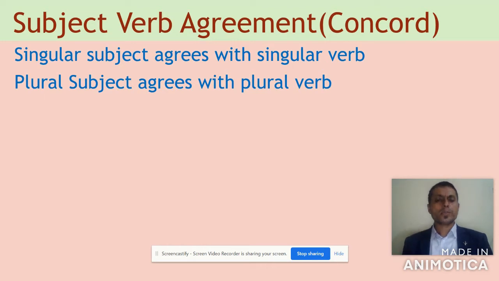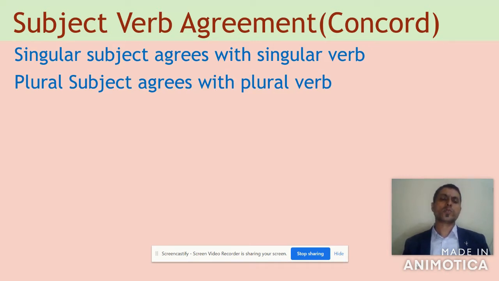So your entire aim here, first, must be finding out the subject and verb. The subject is whether the subject is only one or more than one. I mean, whether the subject is singular or plural.